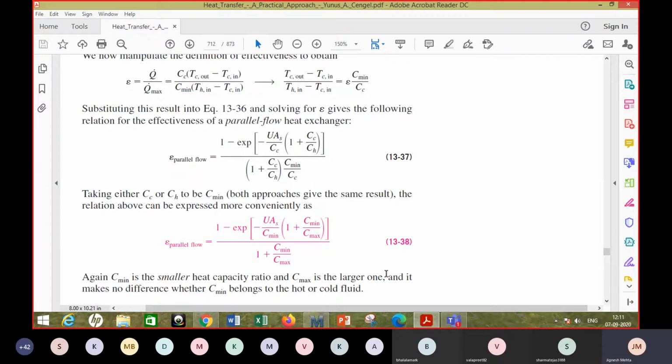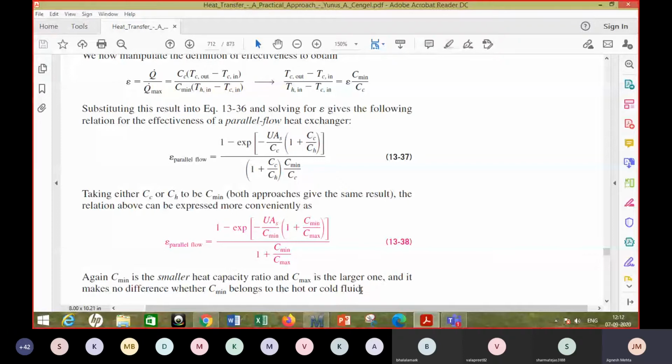If you try to use it when one or two temperatures are not available, it may become an iterative method. So it depends upon the parameters available and the choice of the designer.